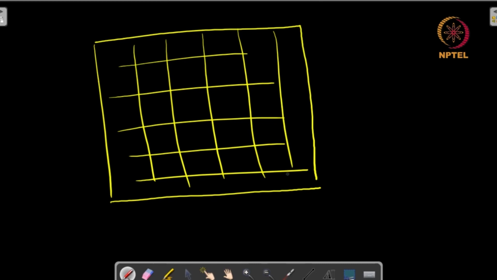Now once you have such a pattern, and otherwise the rocks are very hard, so now what options do the streams have? So if a stream moves like this, it is not able to cut through the rocks, it has to follow this fault. And then here the stream has got now three options. It can move in this direction, it can move in this direction, or it can move in this direction.